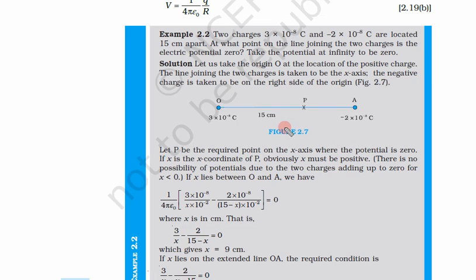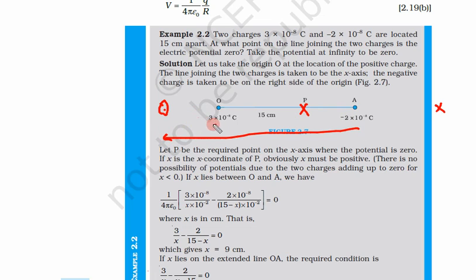For this case, we have considered two possibilities. First is the point lies in between, and second is the point is on the right side. The point cannot be on the left side because this charge is bigger, hence the potential due to this charge will always be higher, and this will never cover up this charge because of the larger distance.